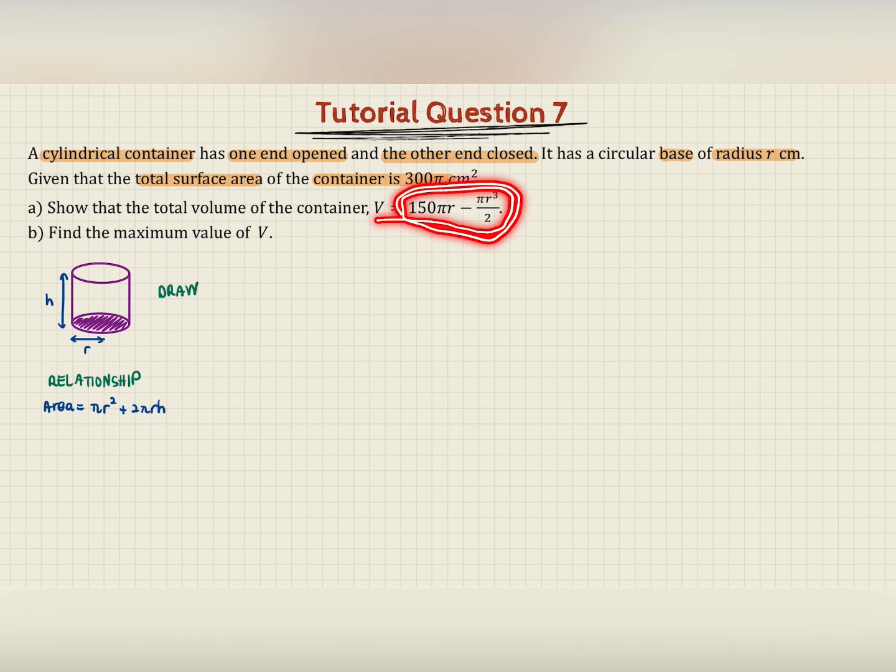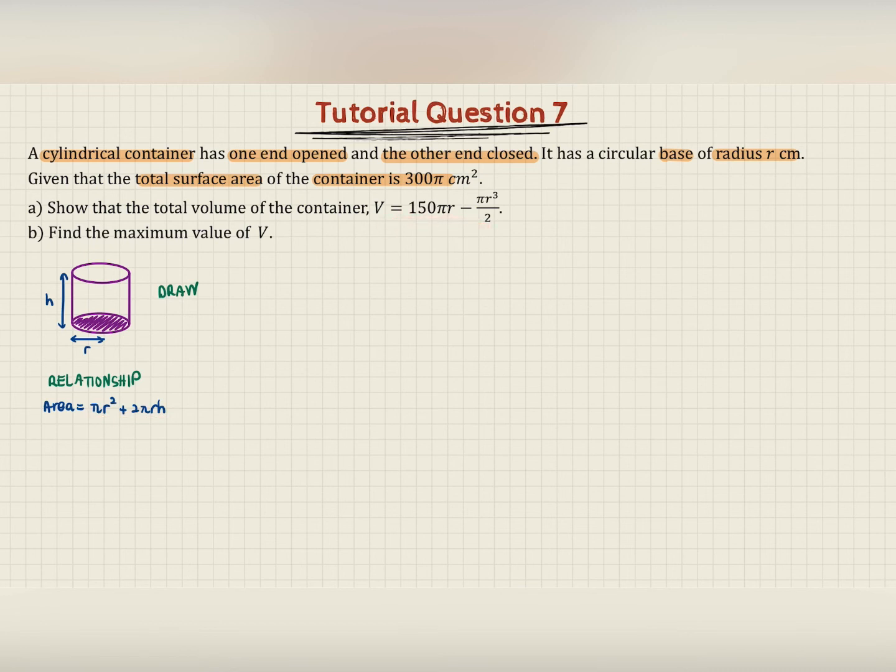So nak dapatkan formula untuk area dengan volume ni dekat exam akan bagi. Okay. Dan saya pun dah bagi dekat Google Classroom. So boleh tengok list of formula. So what we are going to do is, daripada area ni kan, kita kena jadikan H as a subject dan nanti kita akan gantikan dalam formula of volume here.